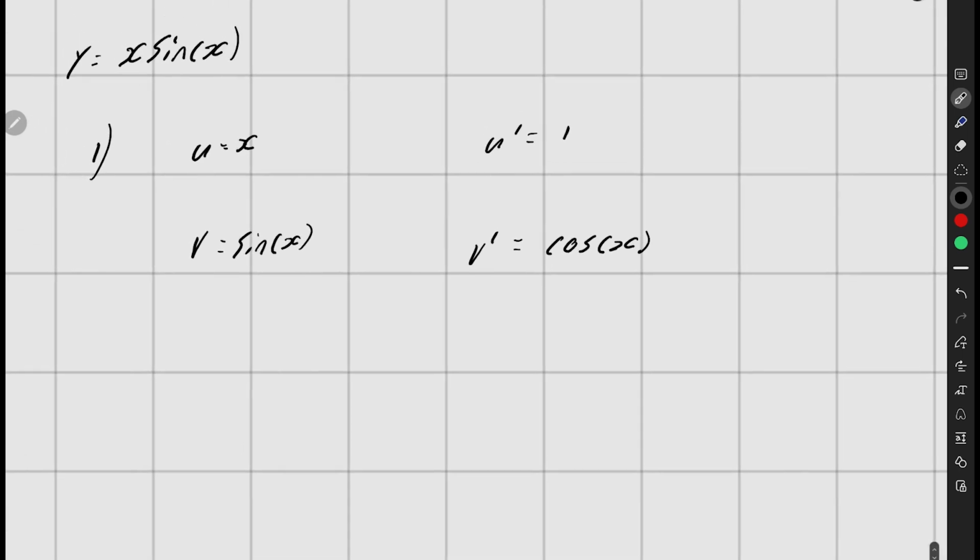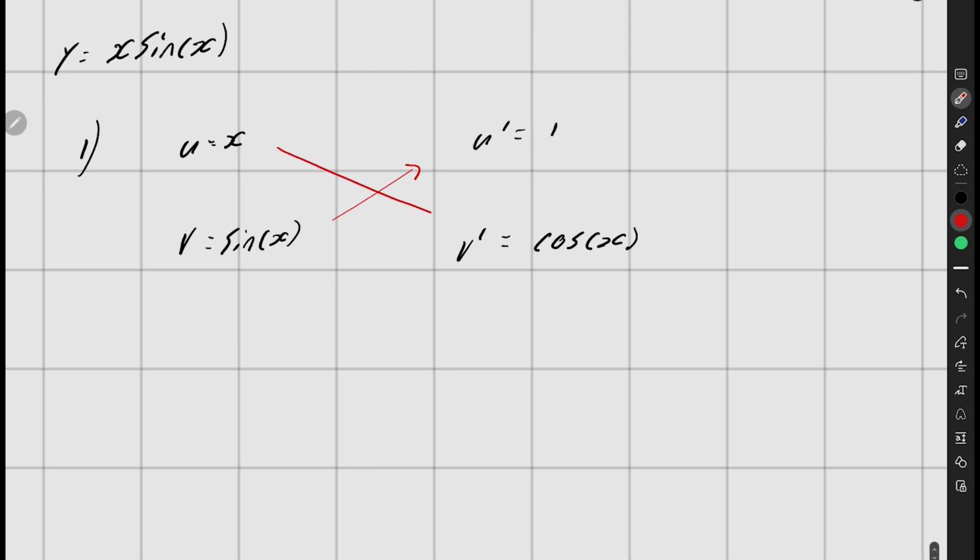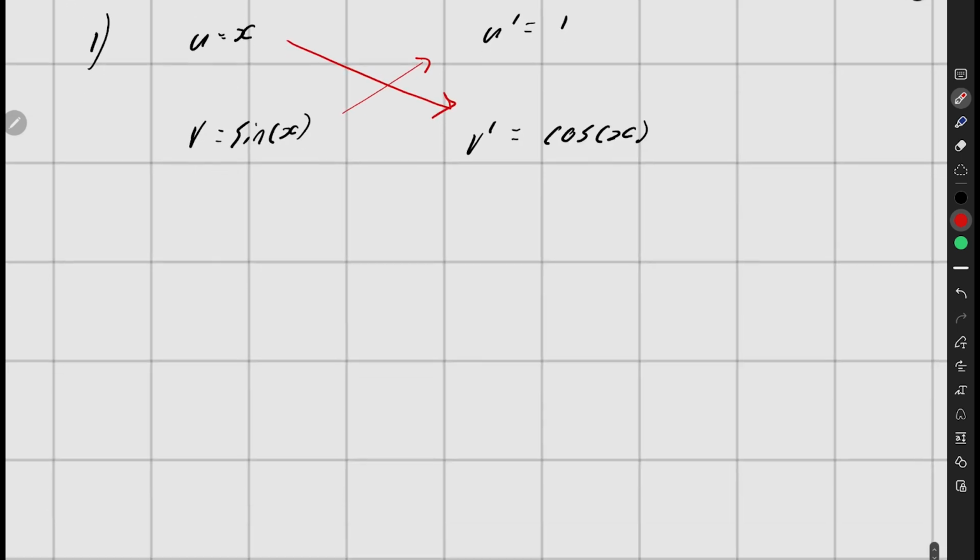Once we've done that, the next part of the product rule says that we take the product of v times u dash plus u times v dash. So we can say dy/dx, our derivative, is going to be equal to v u dash plus u v dash.